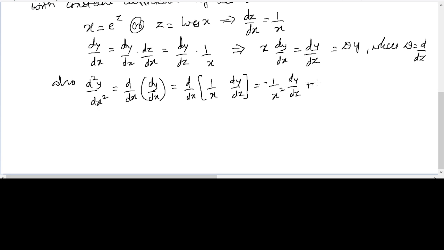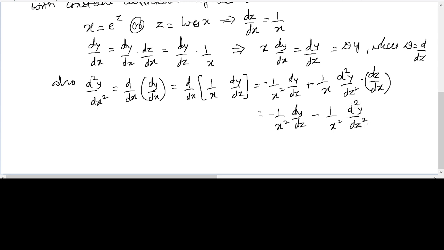That gives minus 1 by x square into dy by dz plus 1 by x into d square y by dz square into dz by dx. Again we substitute 1 by x for dz by dx, so we write minus 1 by x square into dy by dz plus 1 by x square into d square y by dz square.